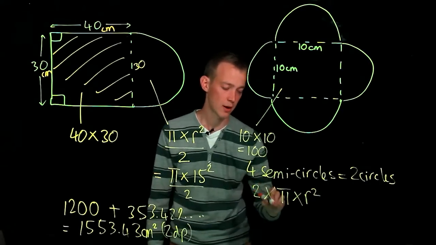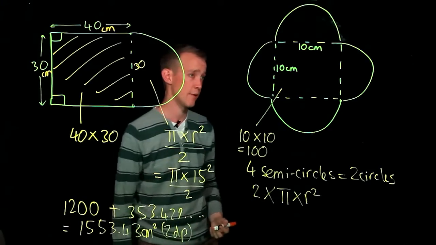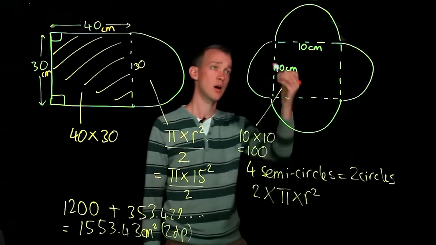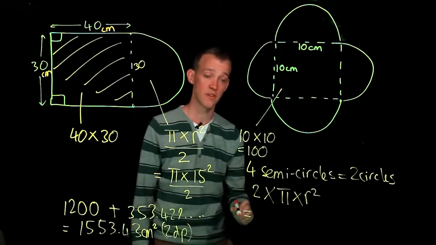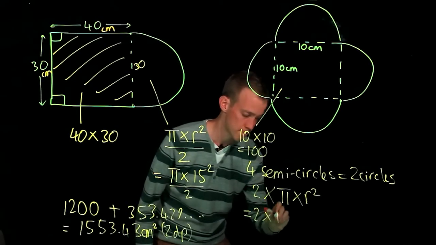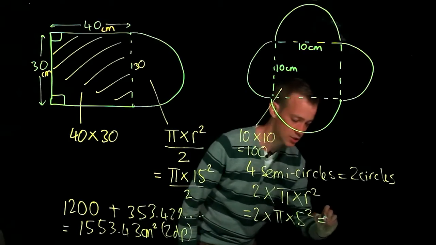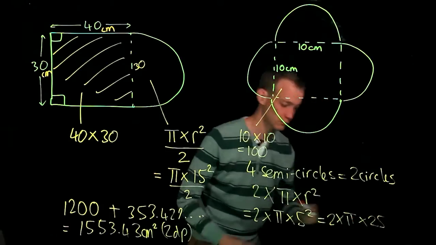I'm then going to be multiplying that by 2 to find the area of these 2 circles together. Well, my radius is what I need to work out. I know my diameter is 10, therefore that means my radius is going to be 5. So it's 2 times pi times 5 squared, which is the same as 2 times pi times 25.